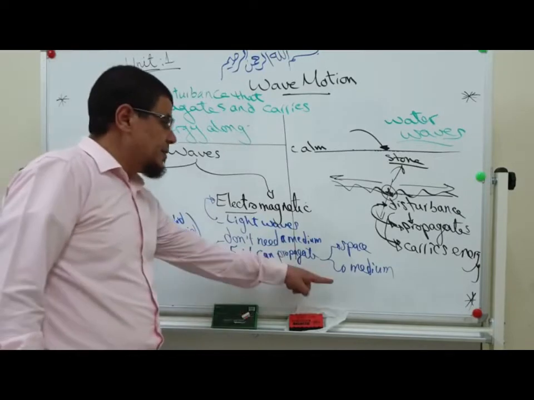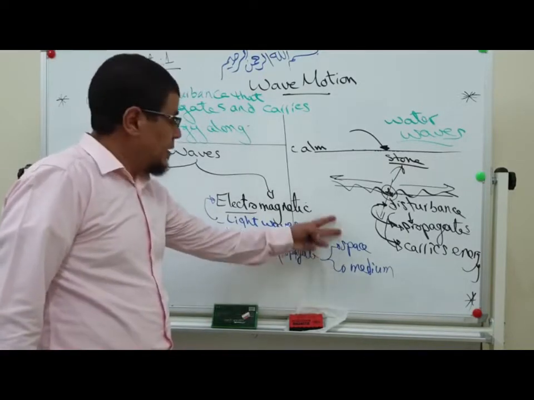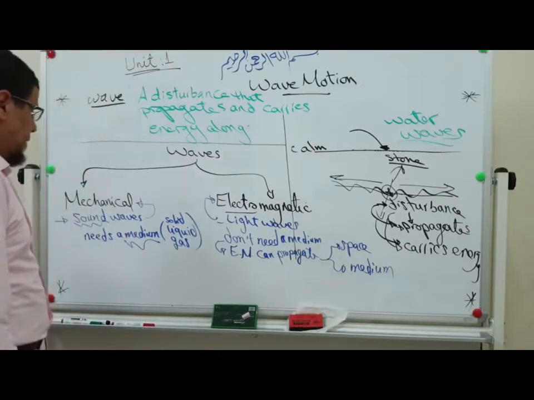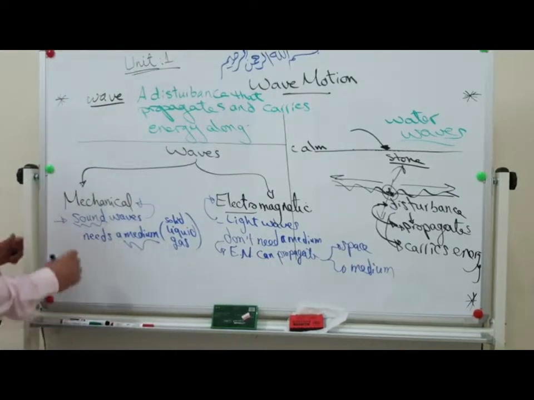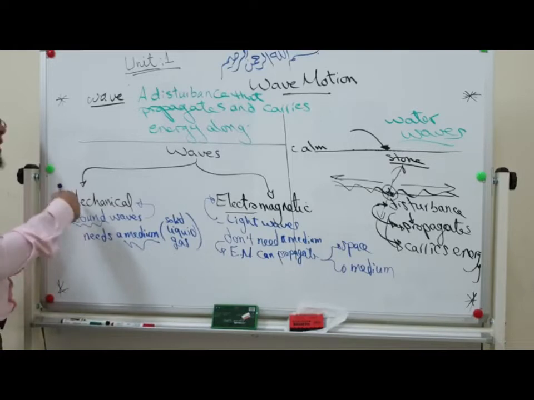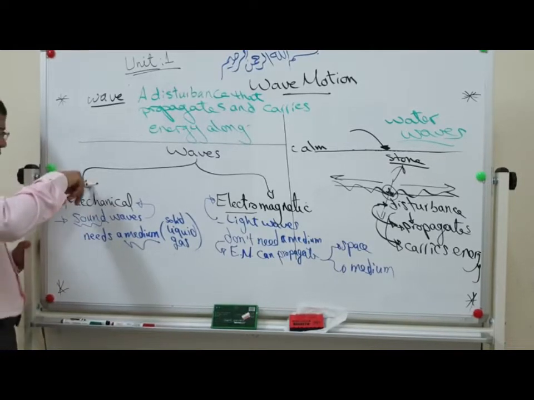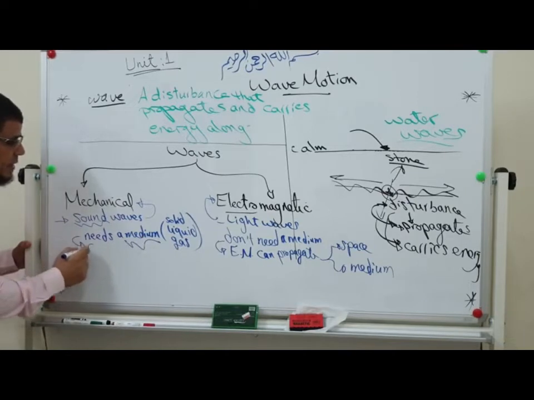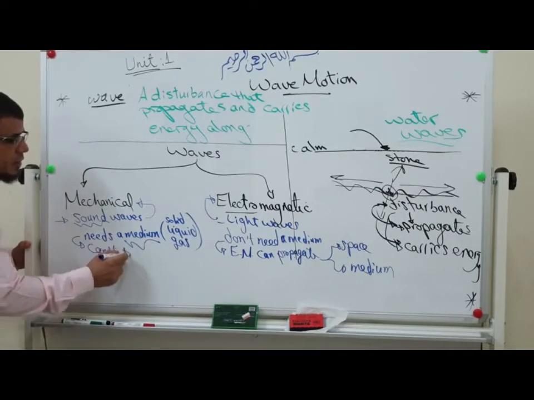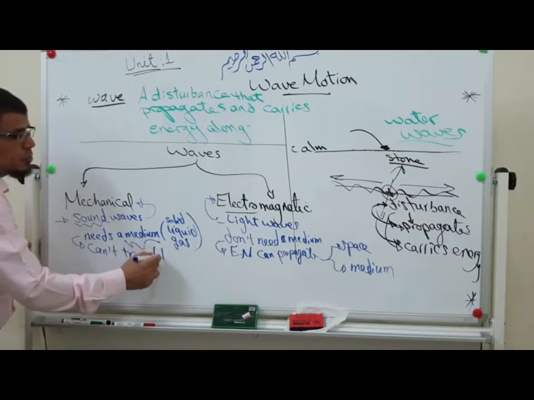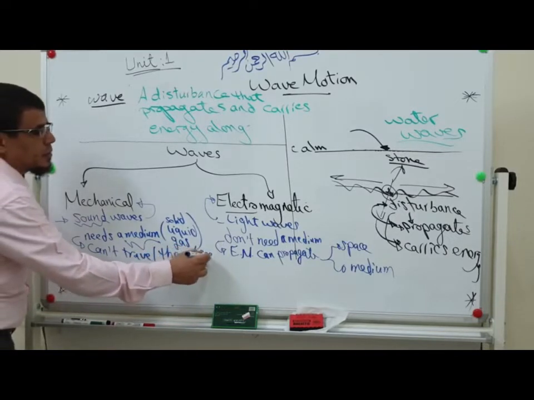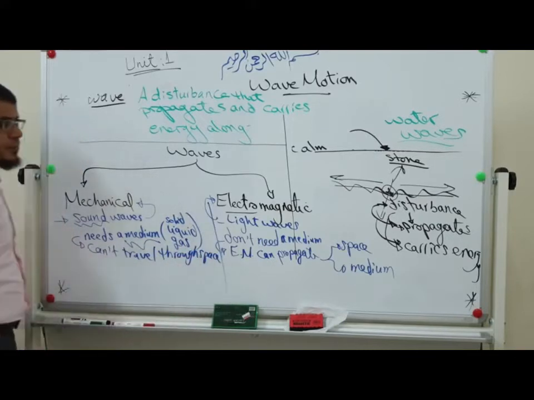They don't need a medium to travel through. They can travel either in a medium or in space. Good, but sound waves, as an example of mechanical waves, need a medium. This means it cannot travel through space. Good.